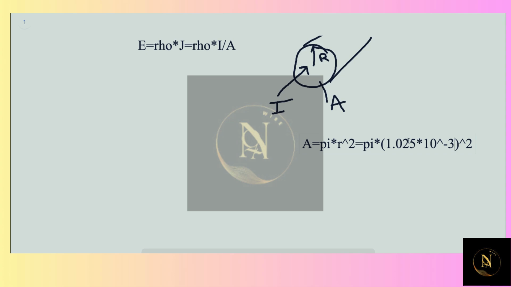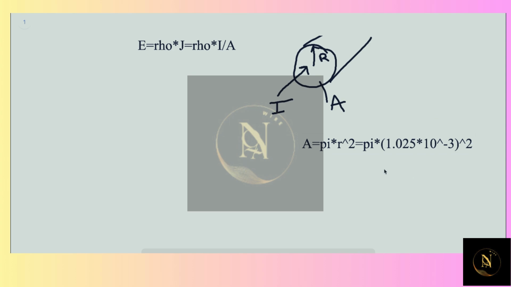So in SI units, the radius is 1.025 times 10 to the minus 3 meters. And so that's our formula for the area.